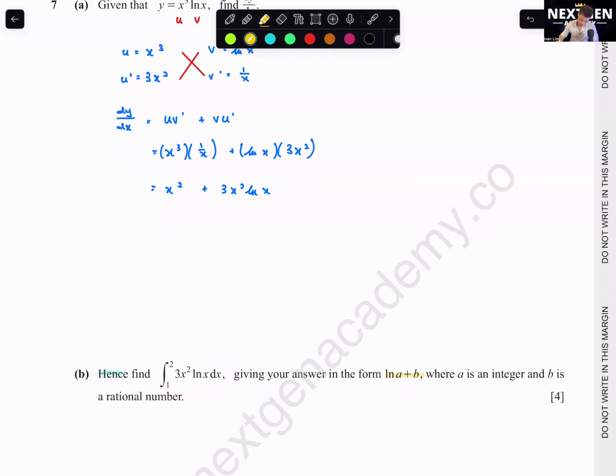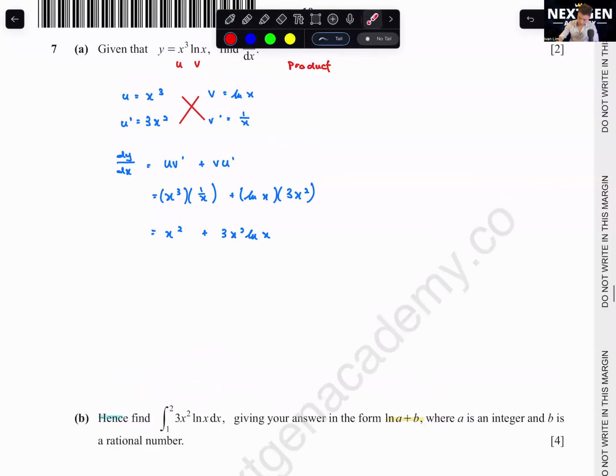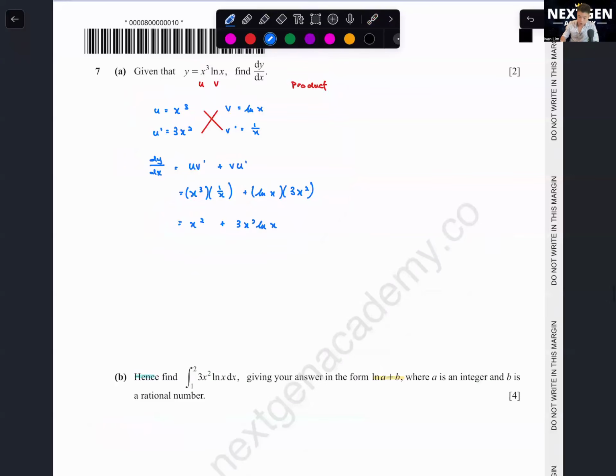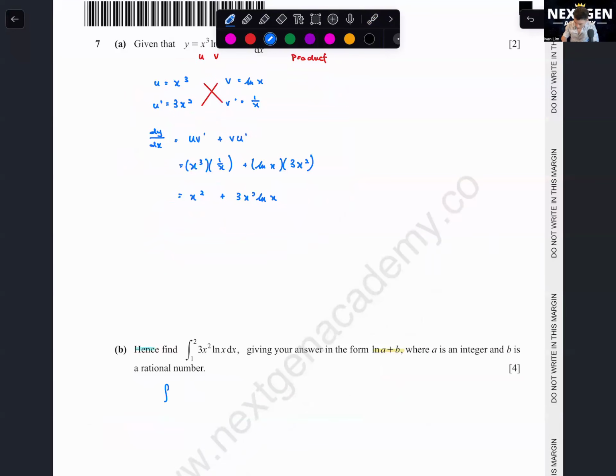So this question is called a reverse differentiation, where we integrate from the answer in the previous one. So part of this, you see here, 3x squared ln x. That means when we integrate this, we'll go back to the question. So we will start with the question A, integrate the answer.